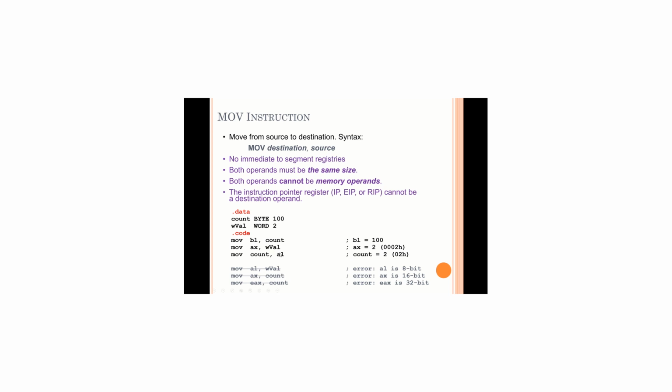If you look here, AL is the lower byte of AX. AX is 2 bytes, 16-bit.